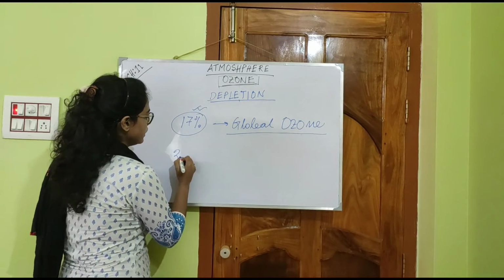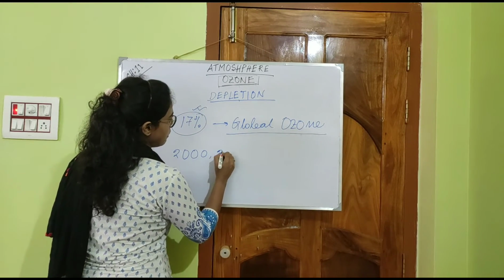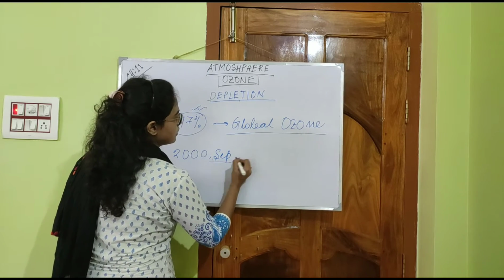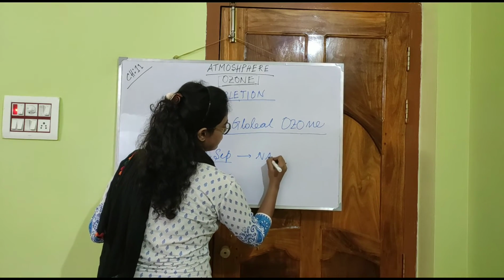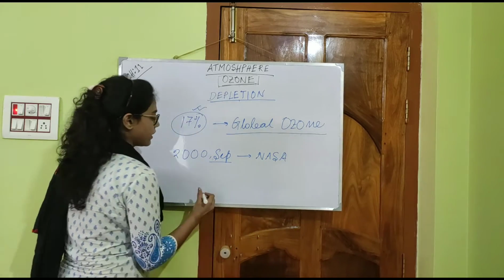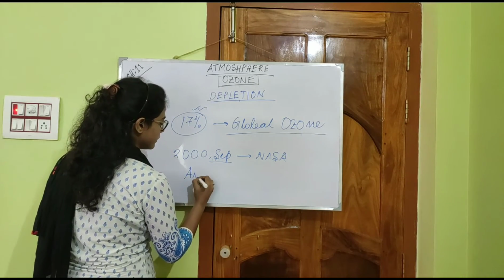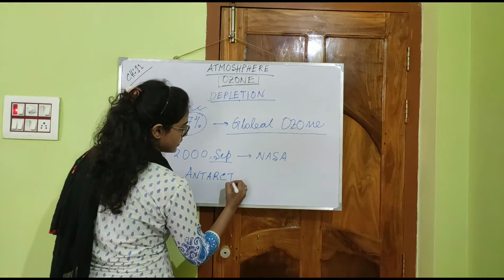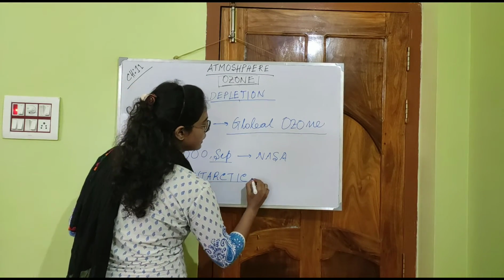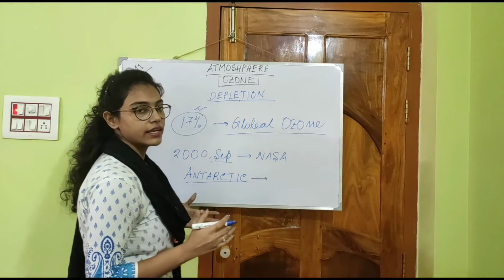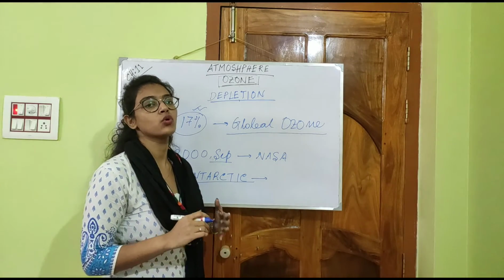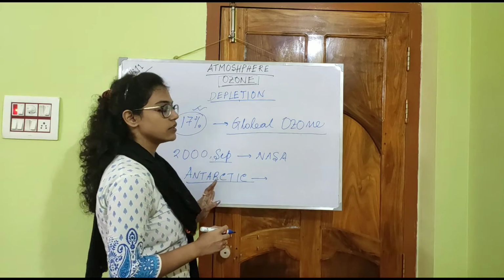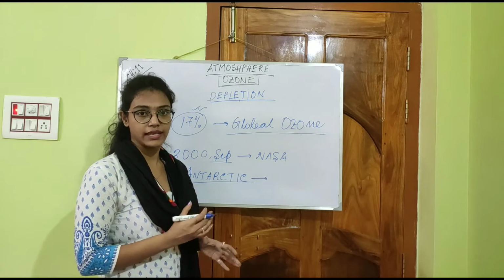And in September of the year 2000, NASA reported that on the Antarctic there is the biggest ozone hole around the world. That is the situation now.